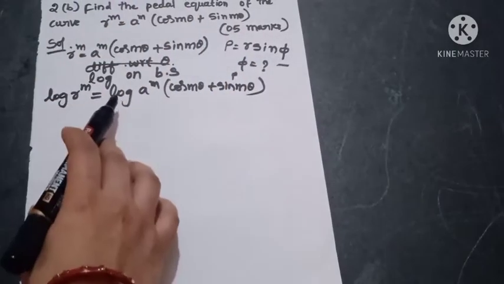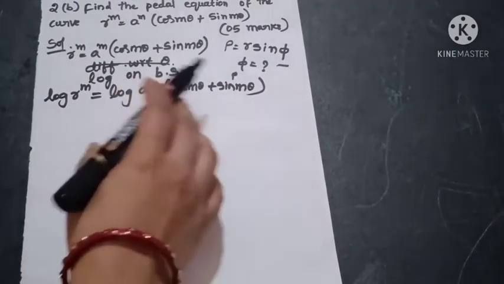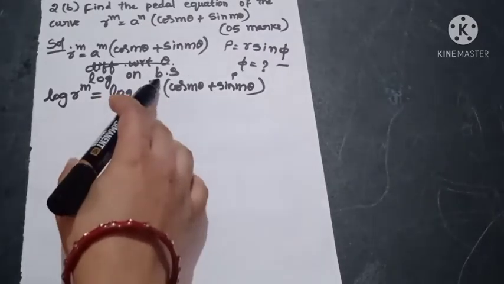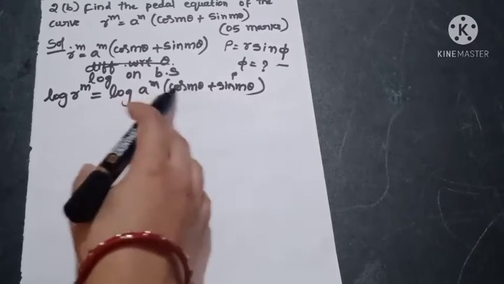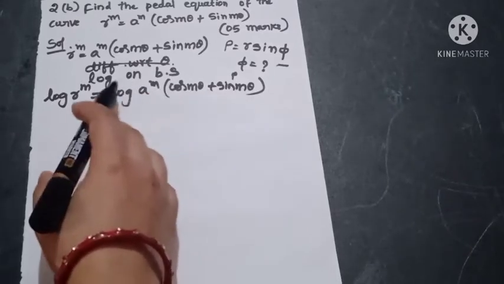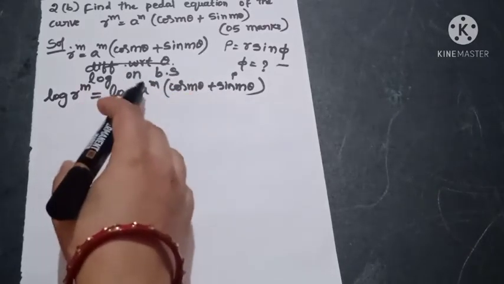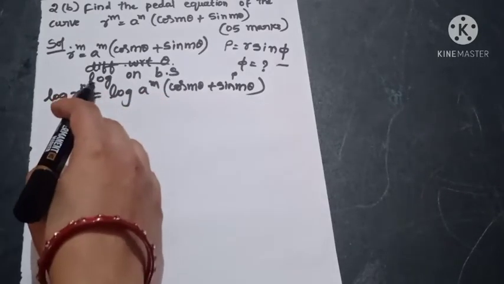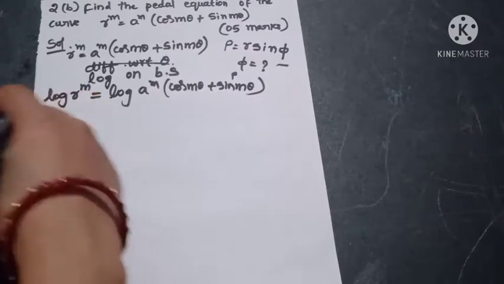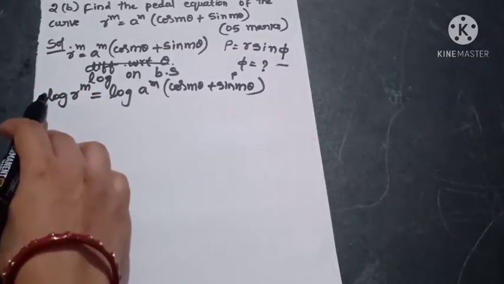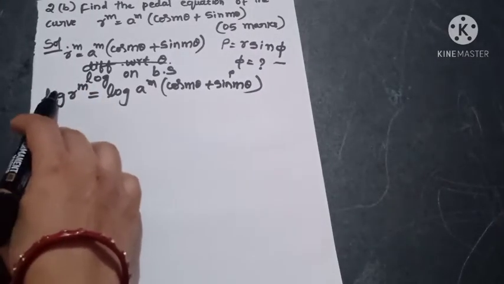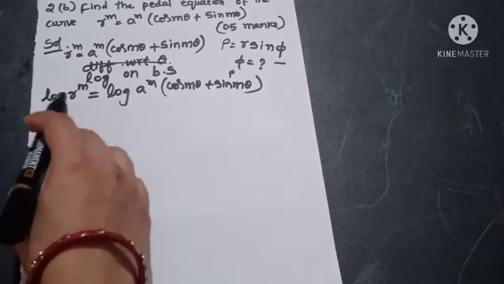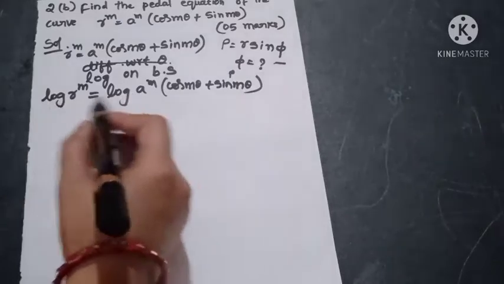We know the property log of m into n is log m plus log n, and log m to the power of n is n log m. We'll use both properties here.